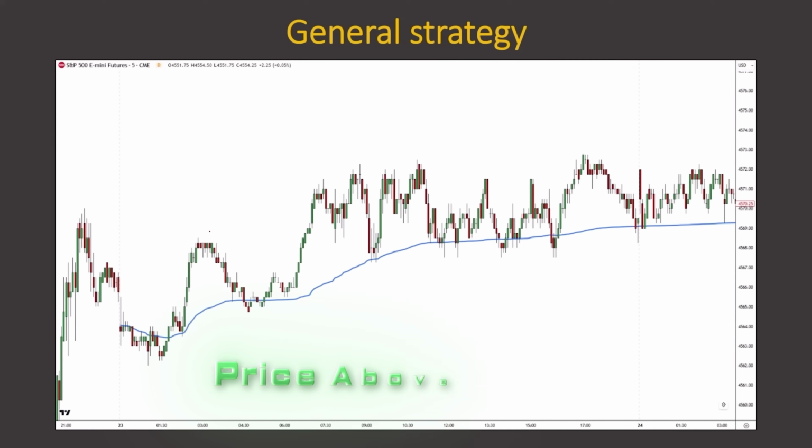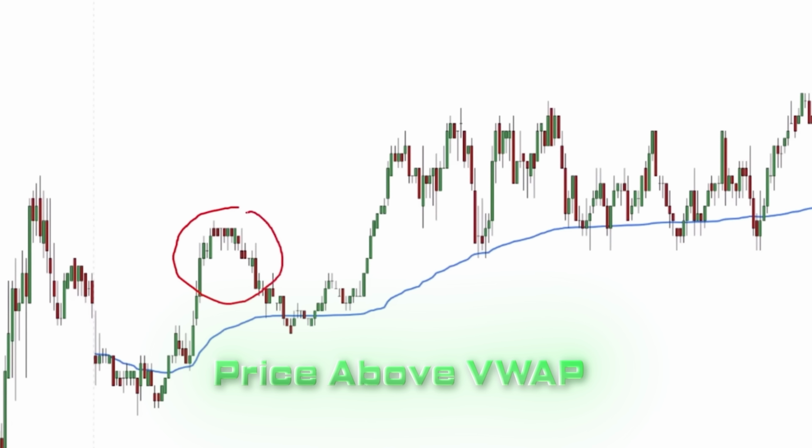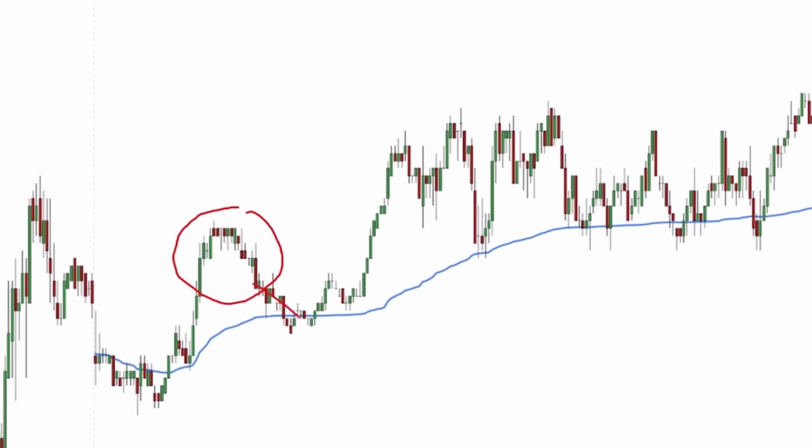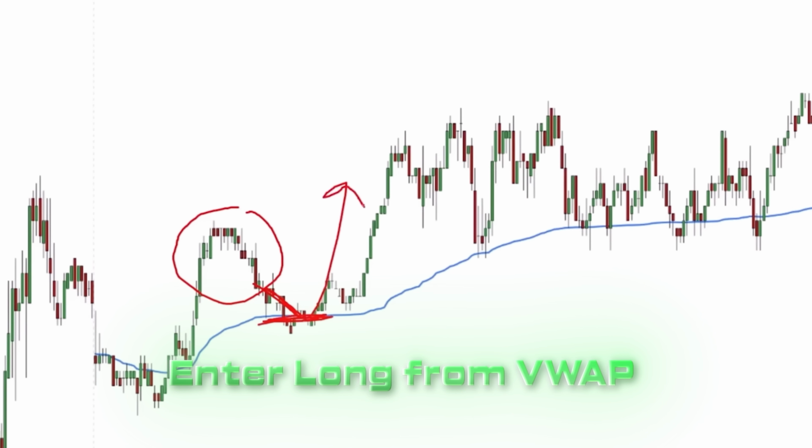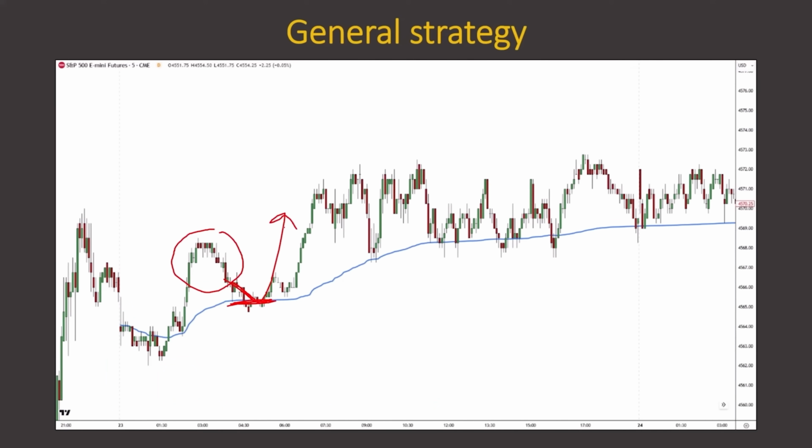If the price is above VWAP, like for example here, that means buyers are in control, and if it comes back to the VWAP line, then you want to enter long from VWAP. That's the most basic way to trade with VWAP.